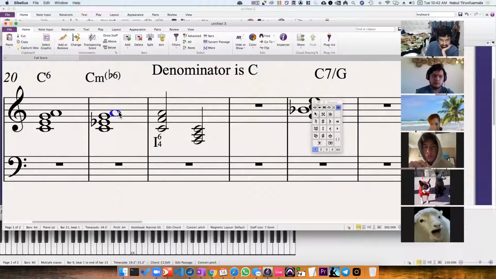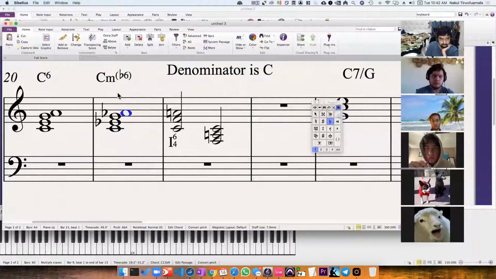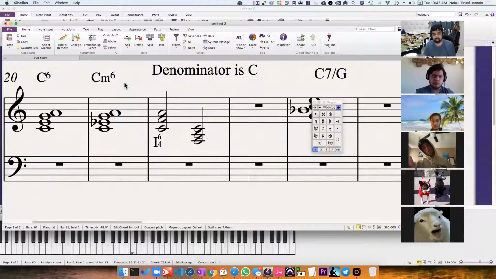If you wanted this chord, you would actually have a C minor with a flat 6, where you add a flat 6. But by default, remember, the 6th is referencing the major scale that's built on the root. So in this case, by definition, the sixth will be a major sixth, if that makes sense. Yeah, thank you. Of course.